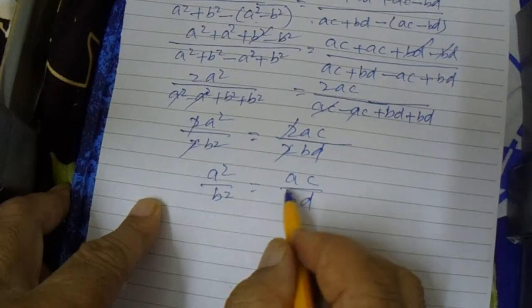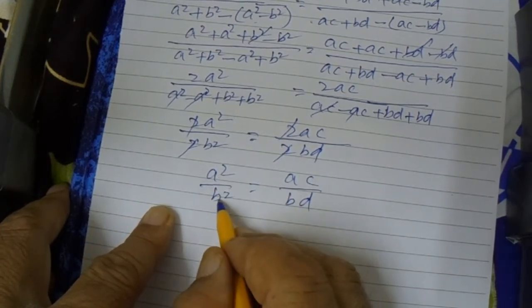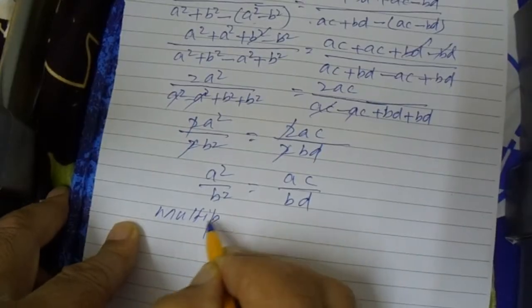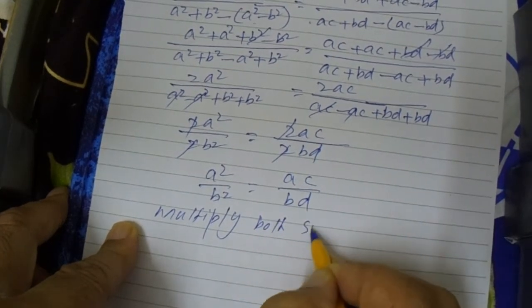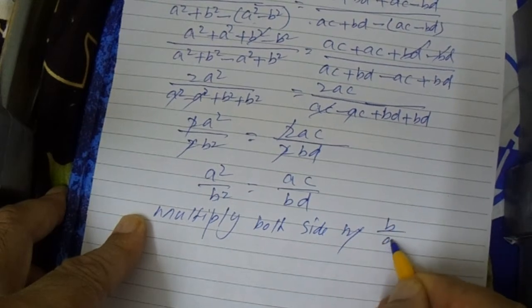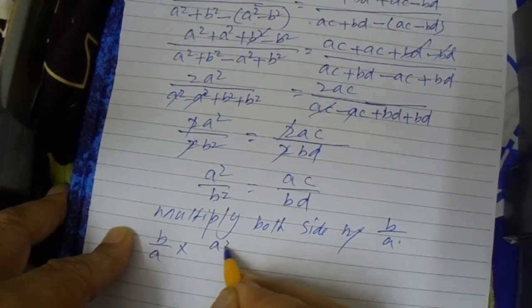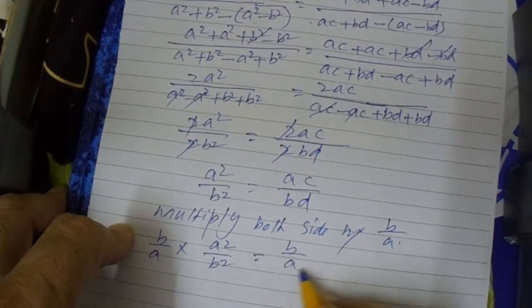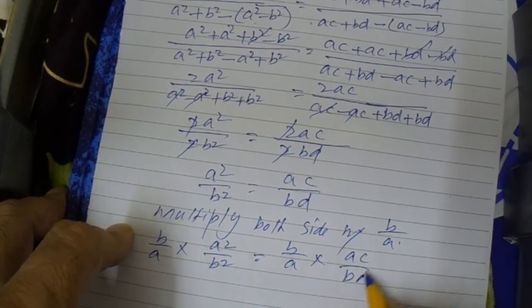We have to remove one a and b, and it means multiply both sides by b over a. Right here b over a multiply a square over b square is equal to b over a multiply by ac over bd.